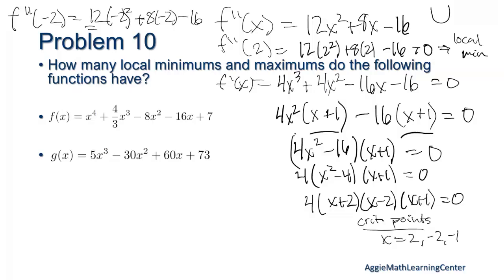That's still 12 times 4, which is 48. Minus 16, which is minus 32, which is definitely bigger than 0. So what about that point x is equal to -2? Yep, another local min.